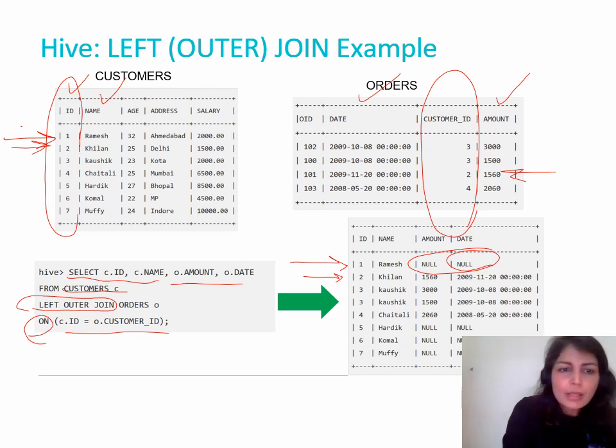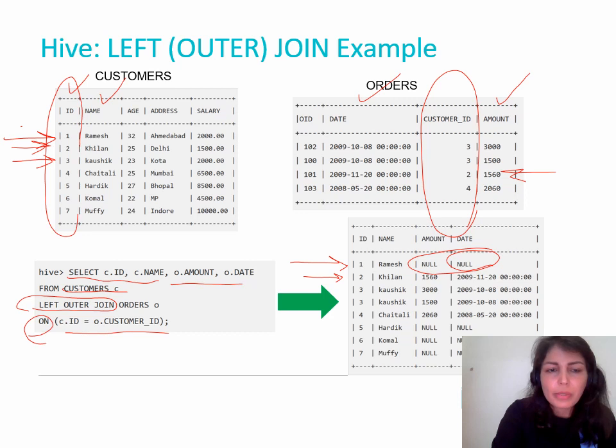Okay. Next, customer number 3. Is there any matching value here? Yes, we have 2 matching values. So we will put 2 different records. One, combine this with the first order, and the second one, write the information for the customer with the second order.